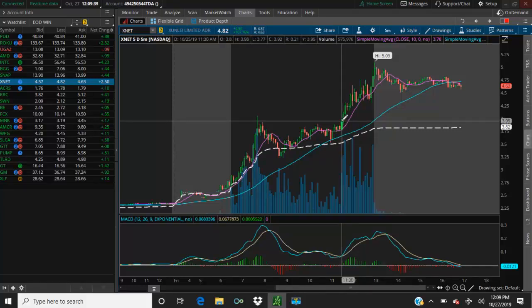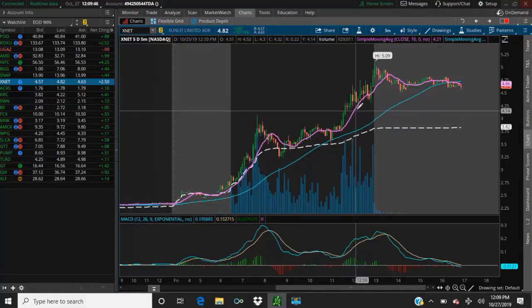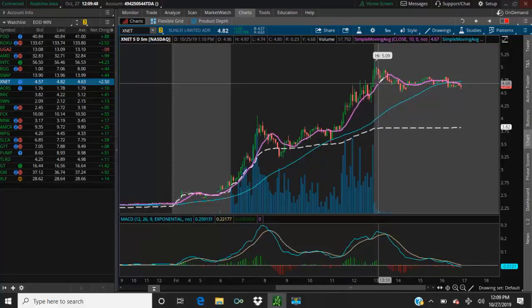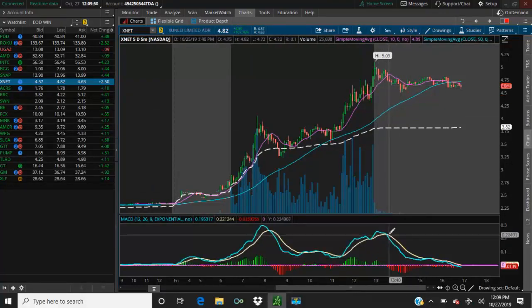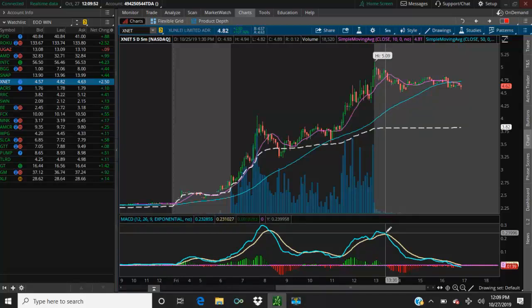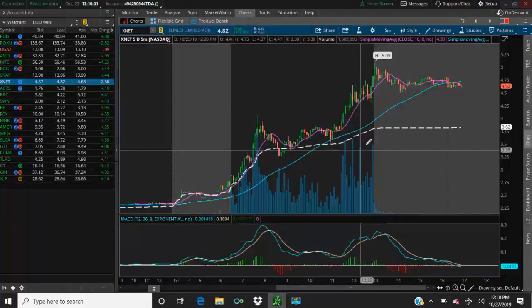And that would have been another great place to buy, enter into a trade, and then you would have carried that trade up until your sell signal, which is right there. And that's where the downtrend came.